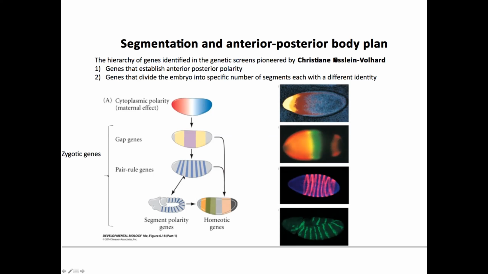So the identity that each of these segments will now assume is established by the interplay of the gap and the pair rule genes. The protein products of the pair rule genes along with the gap genes are going to be read, and they're going to activate the homeotic genes.